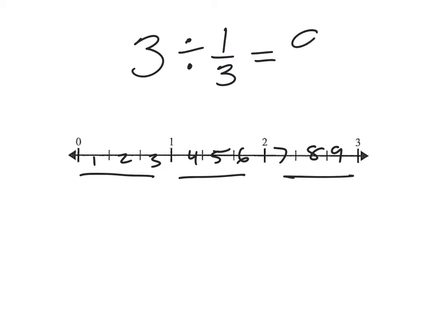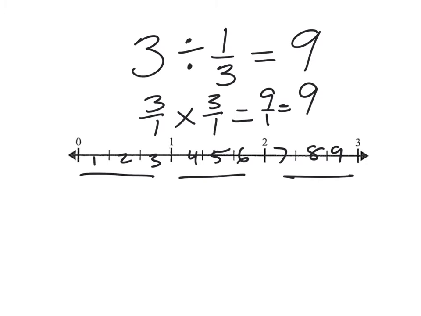So on this problem, my algorithm would be 3 over 1 times 3 over 1, and I would get 9 over 1, or 9, as my answer. It's not too bad, but it's all about going slow and really thinking about what you start off with.